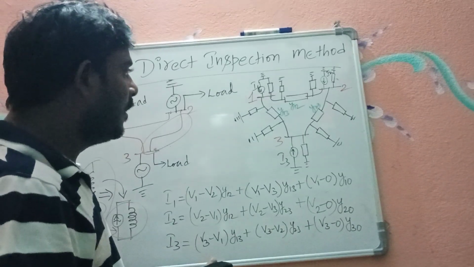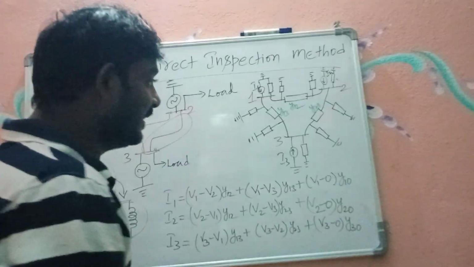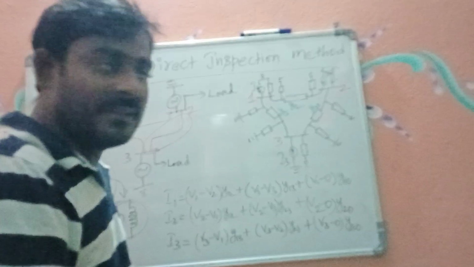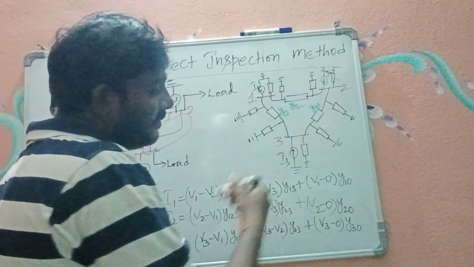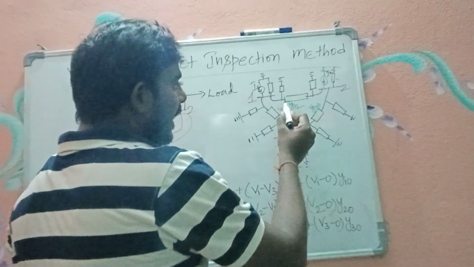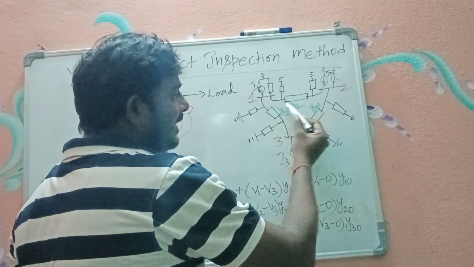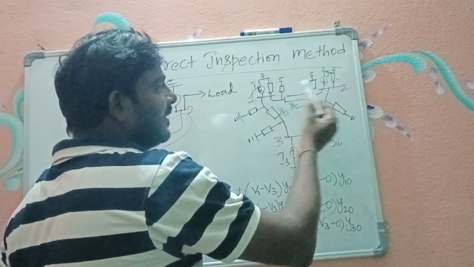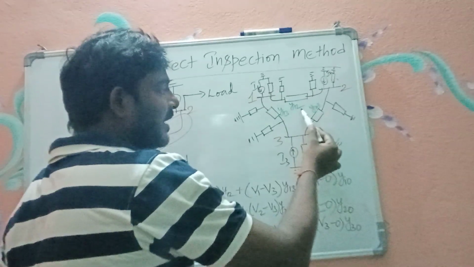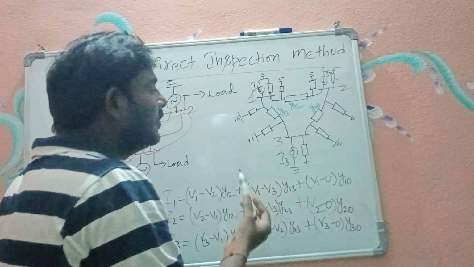And now, how to apply KCL? Before applying KCL, for simplicity, I need to convert all the elements into admittances. So I am replacing the series impedance connected between the first bus and second bus with an admittance, which can be represented as Y12.